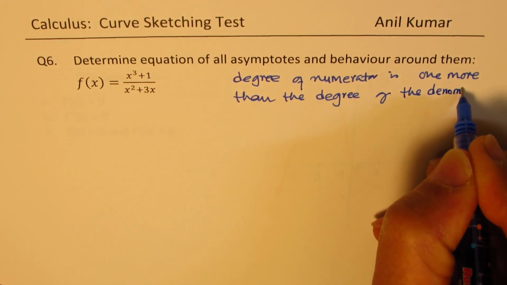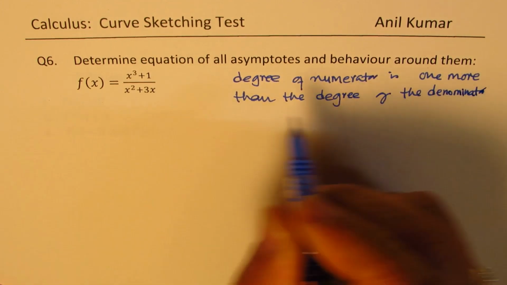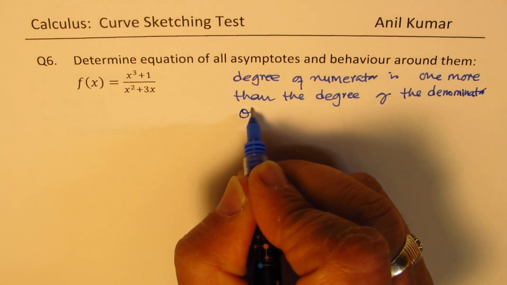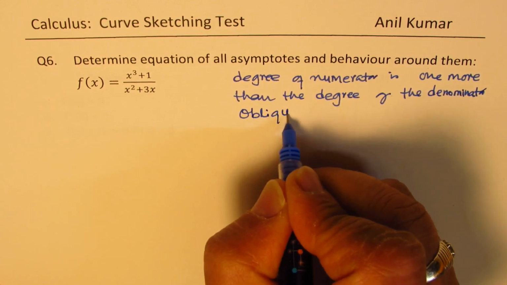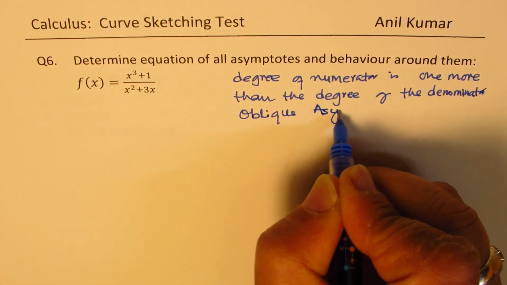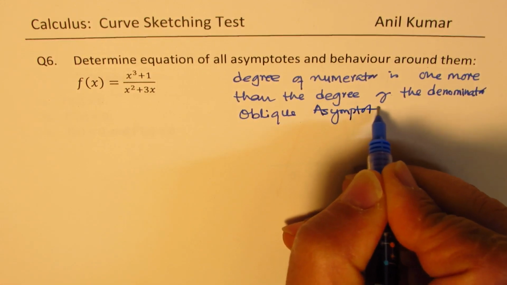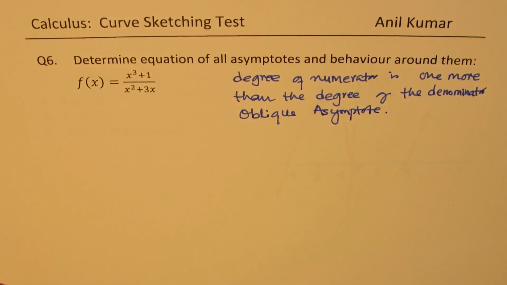That means what? That means we have an oblique asymptote. Clear?